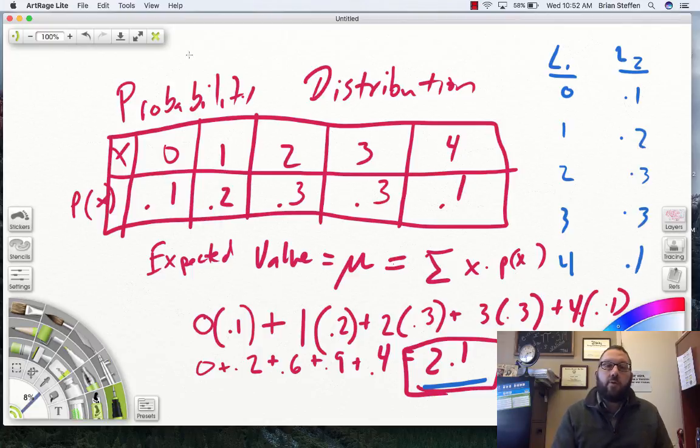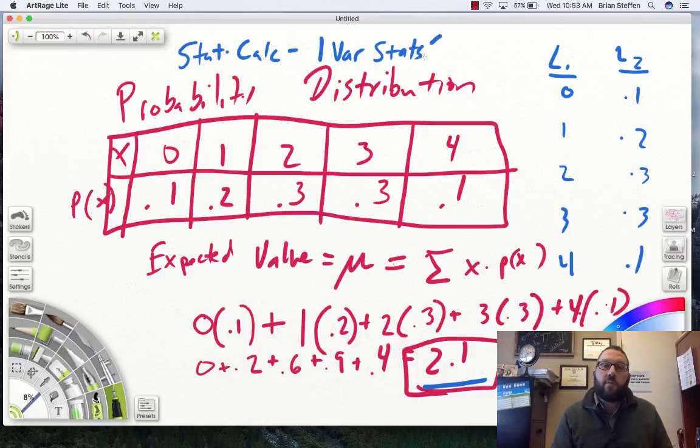And then on your graphing calculator, you're going to go stat, to calculate, and you're going to do 1 var stats. Then on your home screen, if it says 1 var stats, you're going to do L1, comma, L2. Hit enter, and it will give you the standard deviation. Remember, sigma of x is the standard deviation.